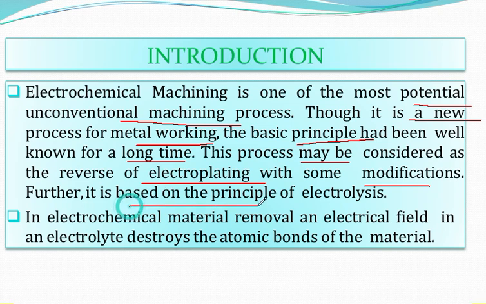Further, the principle is based on the electrolysis process, which is known to all of us. In electrochemical material removal, an electric field in an electrolyte destroys the atomic bonds of the material.